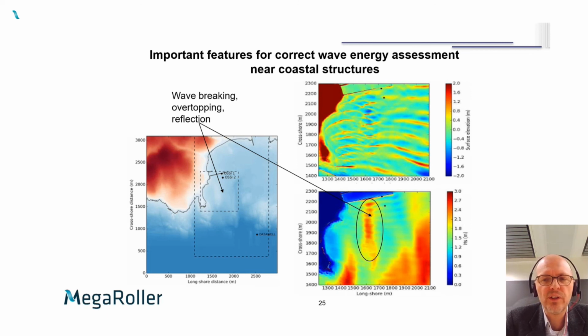We see where the energy is concentrated, and this is important both for maximizing energy uptake and also for the safety of the equipment, of course. You possibly don't want to have the mega roller deployed in a region of frequent wave breaking, because that will put unnecessary strain on the equipment.